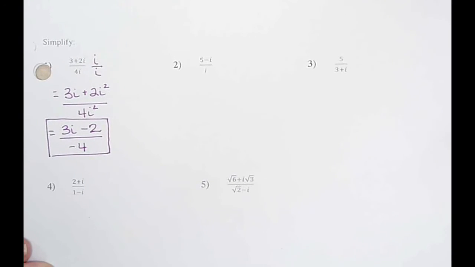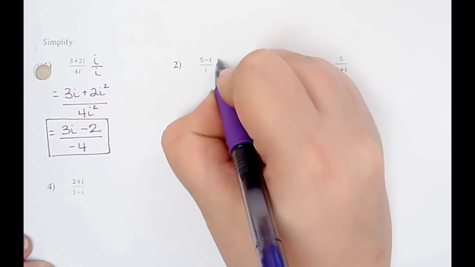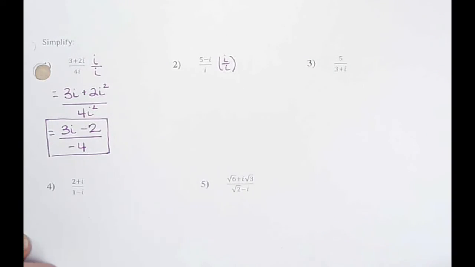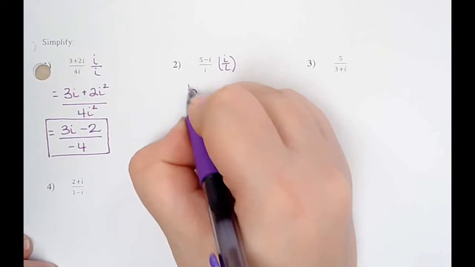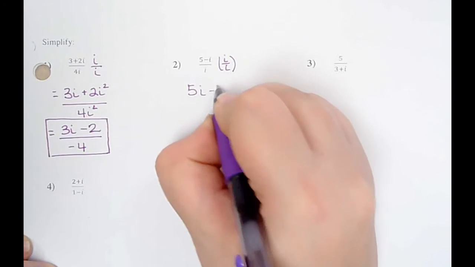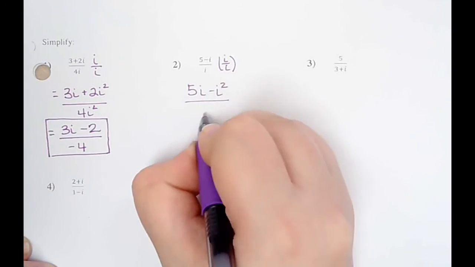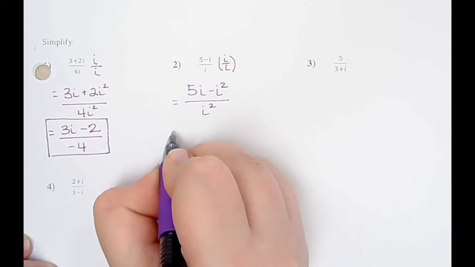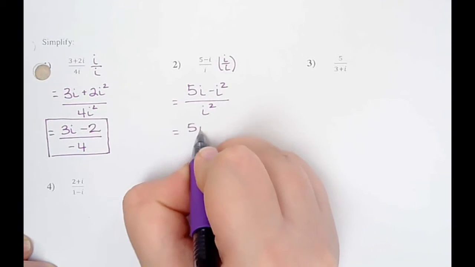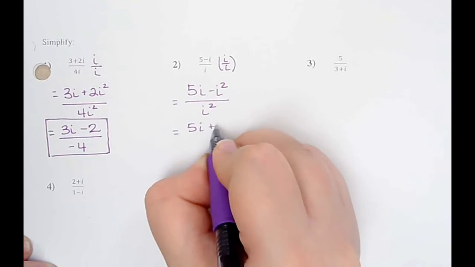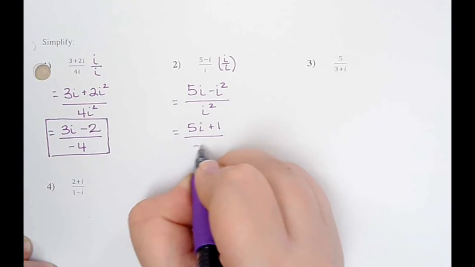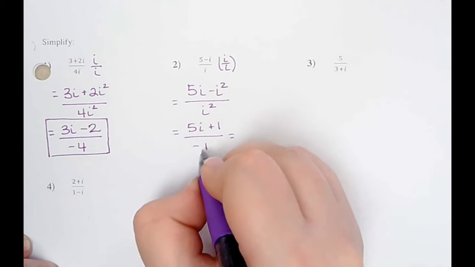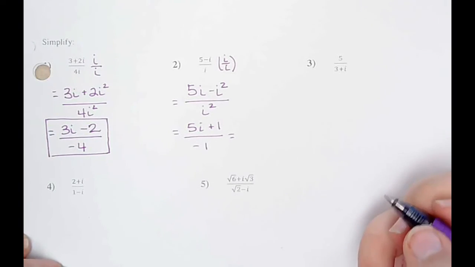I don't like this i in the denominator, so I multiply everything, and I get 5i minus i squared over i squared. This one in particular becomes 5i plus 1 over negative 1. And if I want to simplify that even further, I can just divide the two tops too.